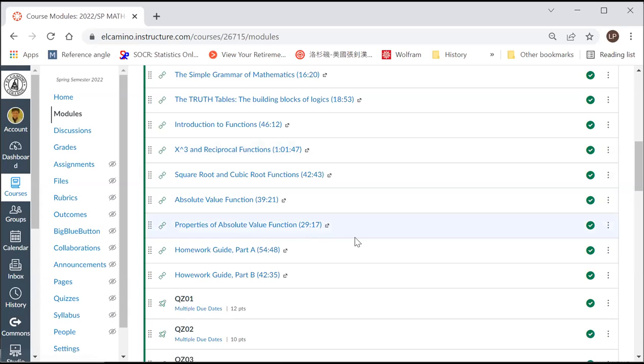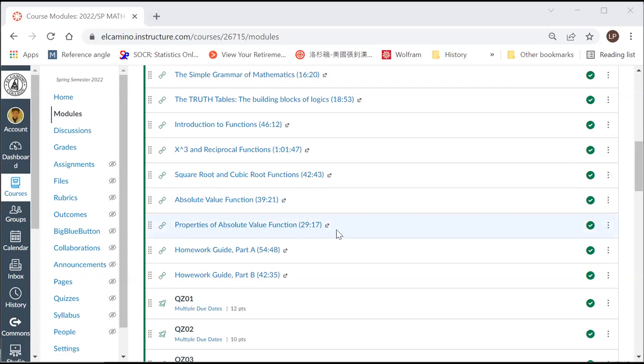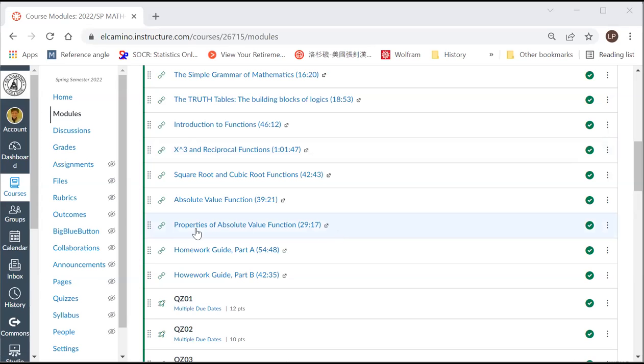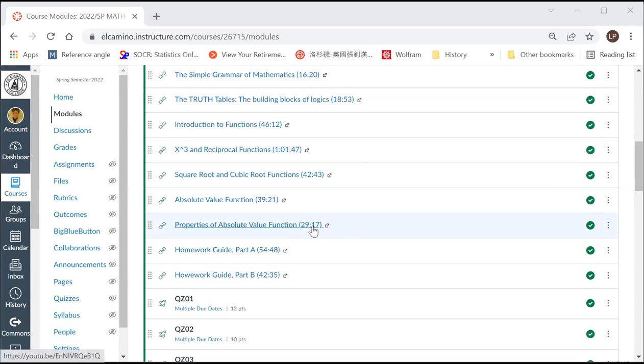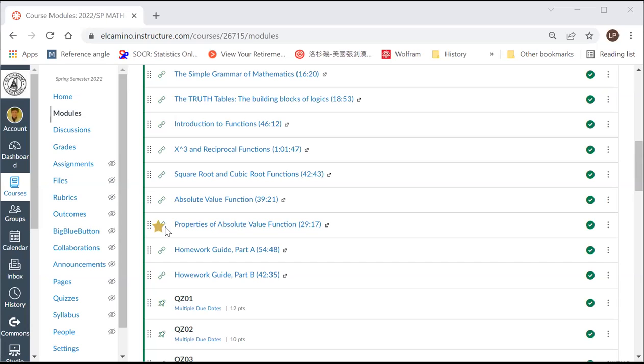Properties of absolute value function right here. Did you guys see this? I want you to go back from this point and watch that lecture. That lecture talks about some of the important properties of the absolute value function under 2 branches, and we had a detailed discussion there.